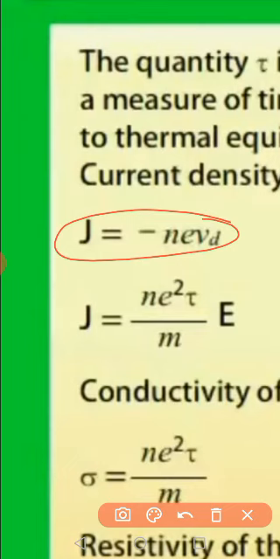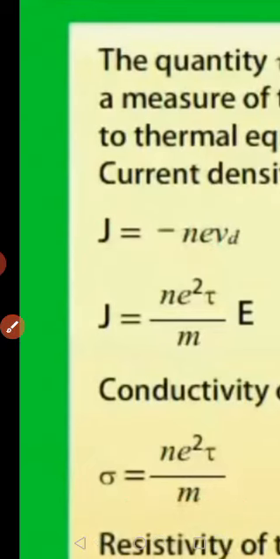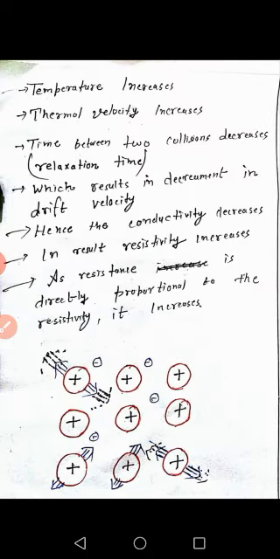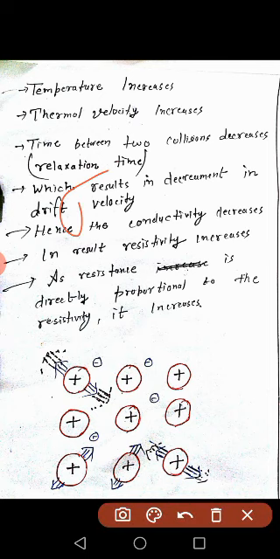Okay, so now we shall come back to our original slide. So here the point is this: hence the conductivity decreases, and we know that conductivity is inversely proportional to the resistivity.